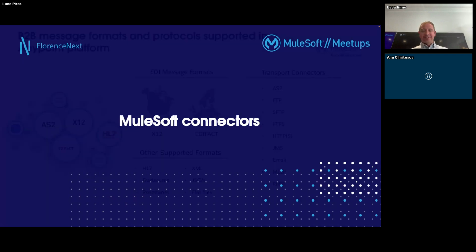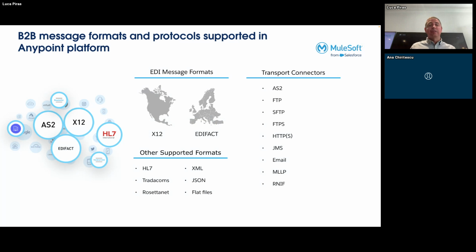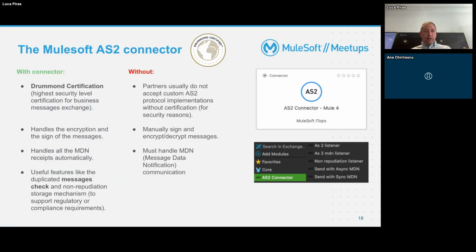MuleSoft has many connectors to support EDI. We have connectors to support the different standards and formats, and connectors to support the different transport protocols. I want to spend a few words on the AS2 connector. MuleSoft has a dedicated AS2 connector. The first thing worth mentioning is that it's Drummond certified.